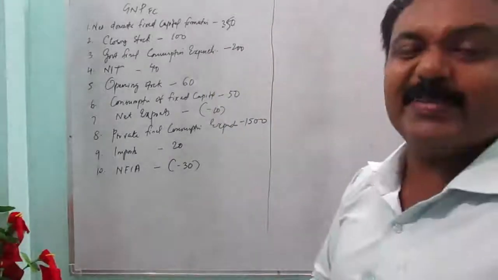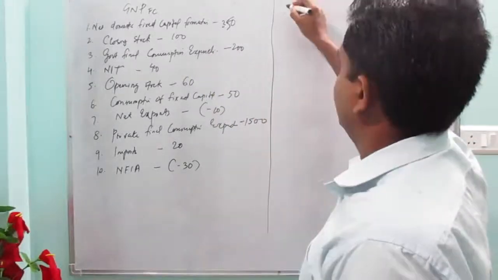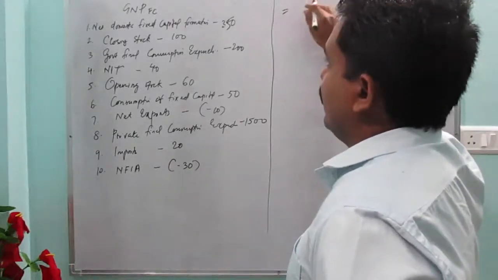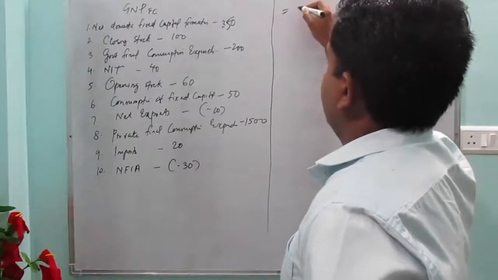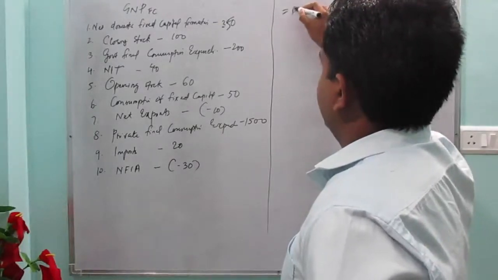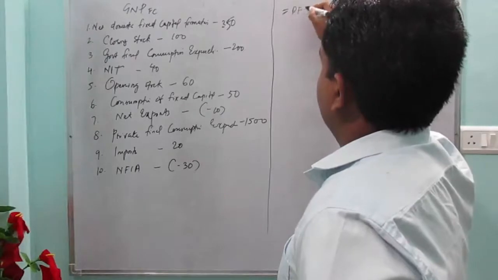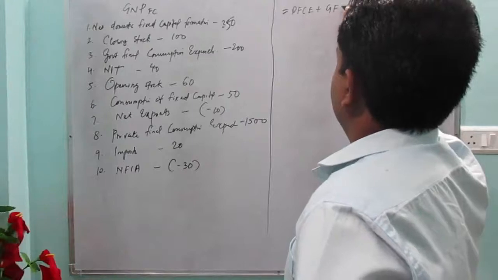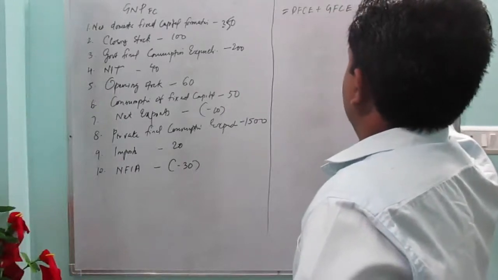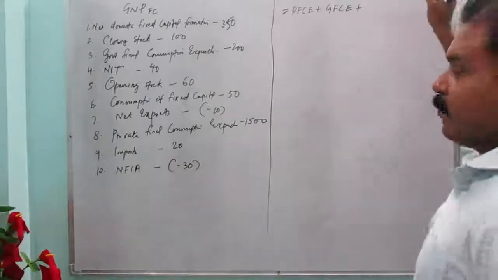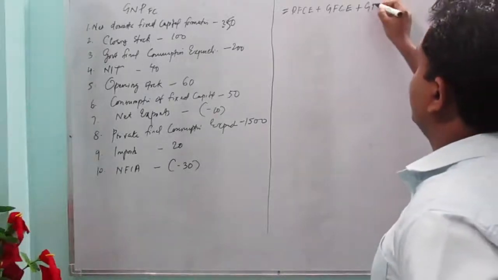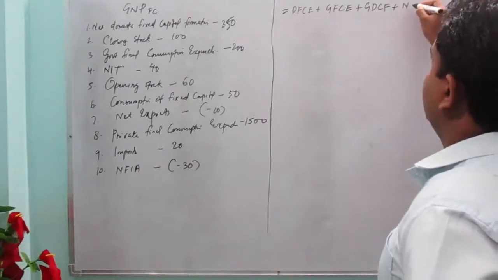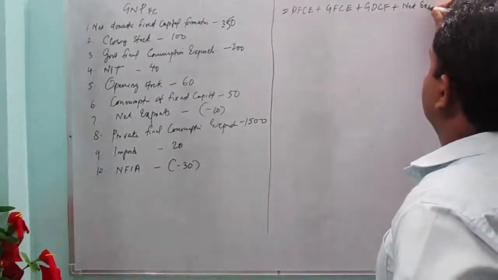Expenditure method, no? So the formula we need is private final consumption expenditure plus government final consumption expenditure plus gross domestic capital formation plus net exports.